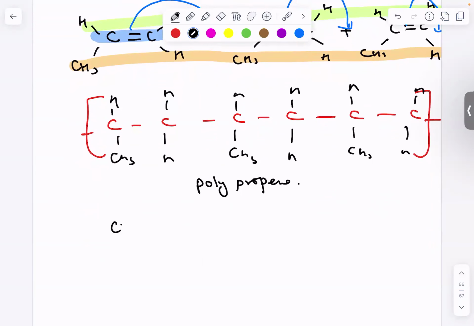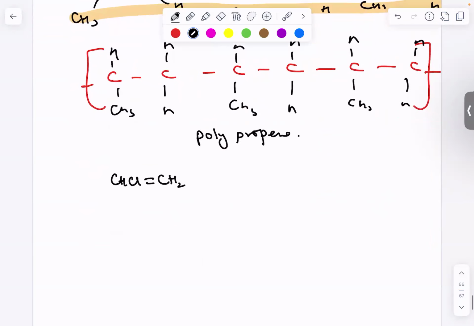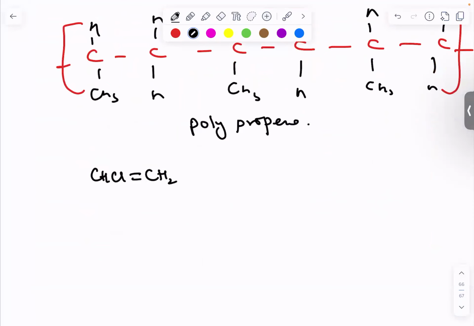Now you will tell me how to arrange it. I am telling you CHCl double bond CH2. Now, how will you arrange it, Zena? Can you tell me the name first? What would be the name for this? Is it chloromethane? Beta, there are two carbons.